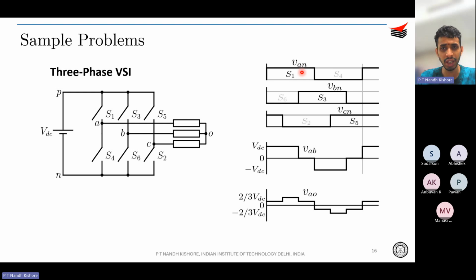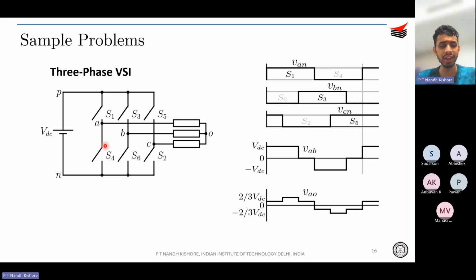Then 120 to 180, S1, S3, S2. Then 180 to 240, S4, S3, S2. Then 240 to 300, S4, S3, S5. Right? And then 300 to 360, S4, S6, and then S5. Okay. So at any point of time in your entire line cycle of 360 degrees or 2 pi, three devices will be on. Okay. In this 180-degree conduction mode.